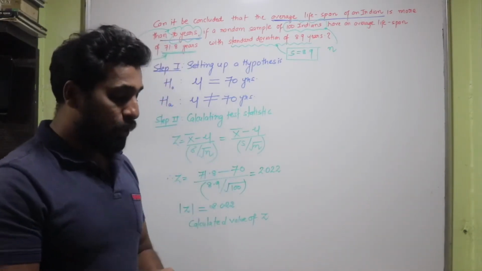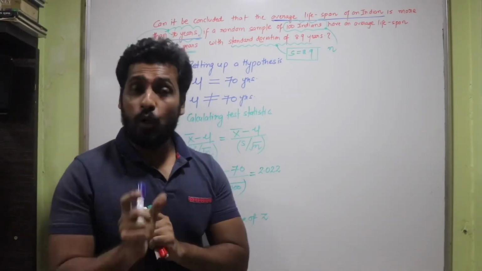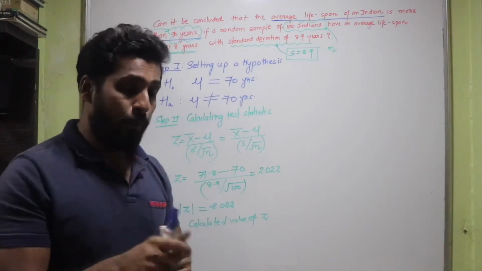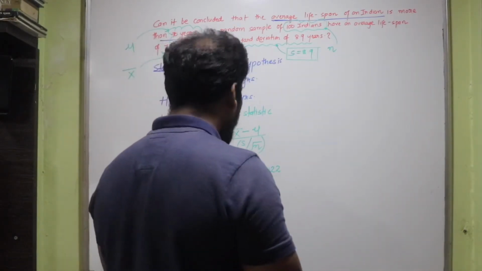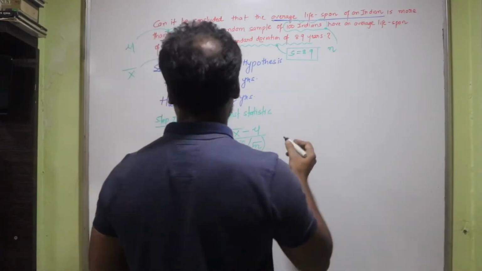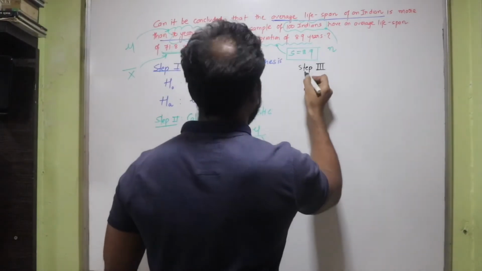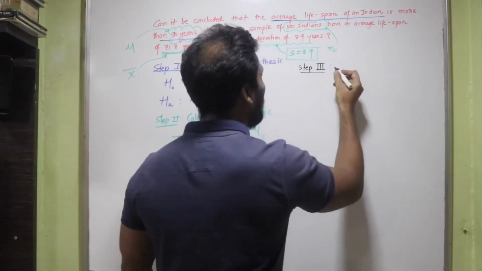The third step is called setting up levels of significance. Now you understand this word very properly. Step 3, setting up levels of significance.